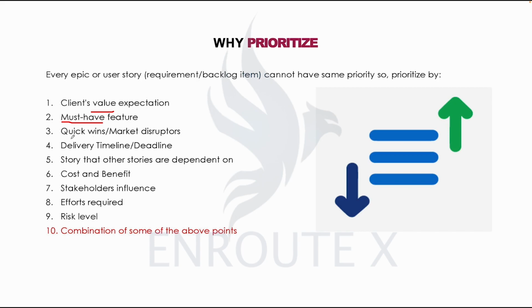We also prioritize based on quick wins. Which feature will cause the quickest market disruptor?